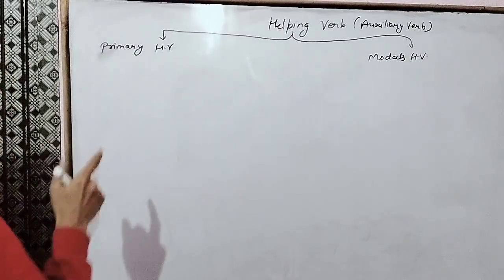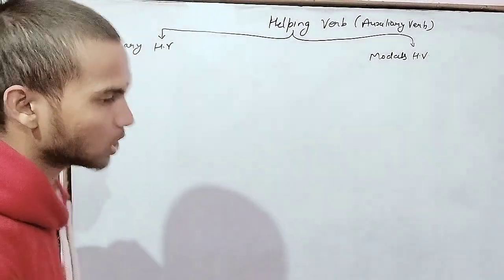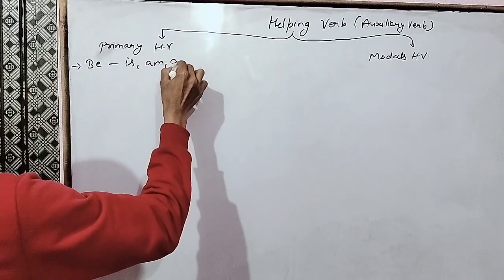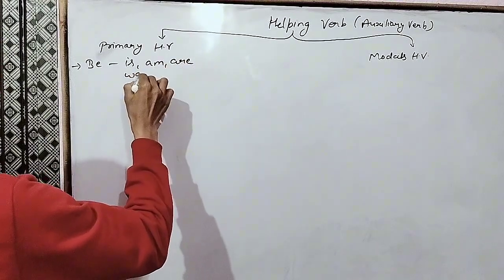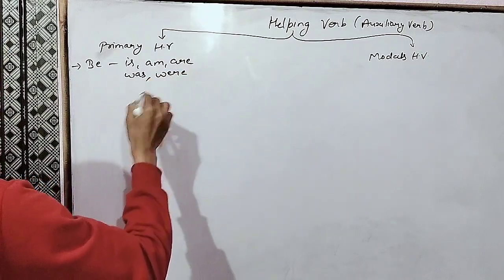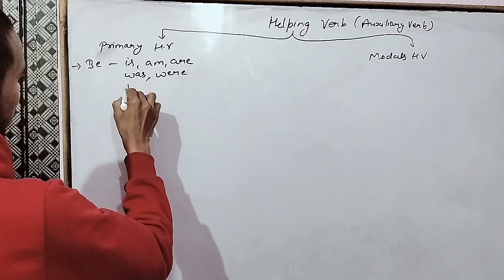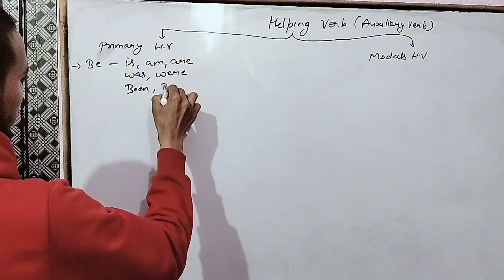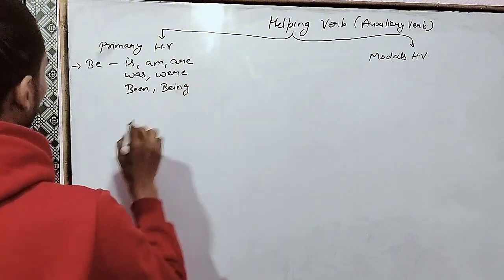Now, in the case of a primary helping verb, we see what? Be. There are three parts. Be, which is is, am, are, was, were, been, being.